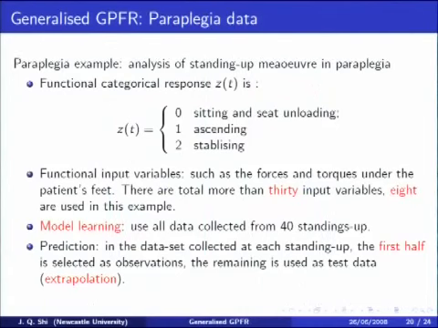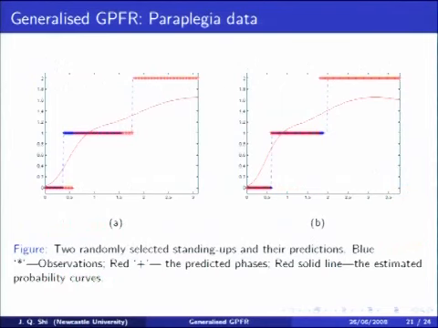And this is the example I showed you at the beginning. In this example we have 30 input variables, but at the moment we only use 8 of them, and we have data from 40 replications. The next slide shows you some results.